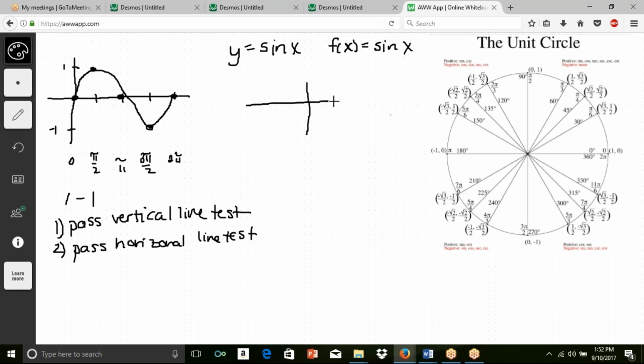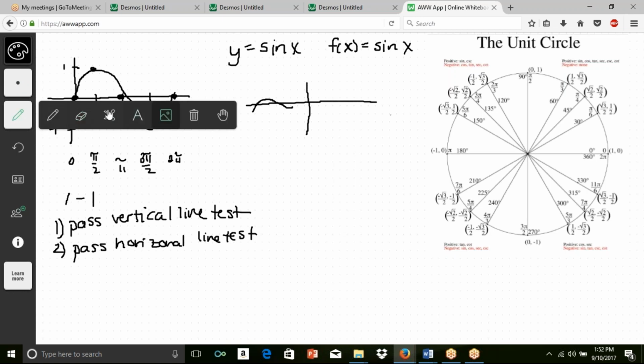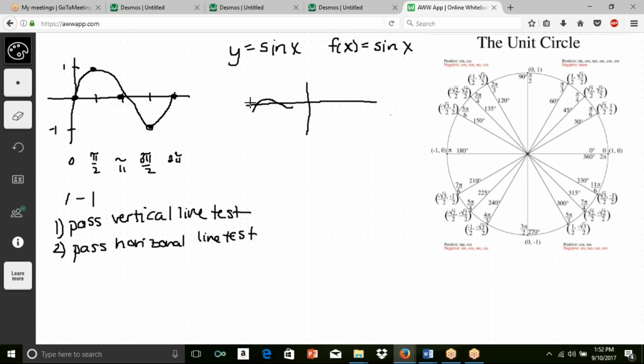So now, instead of this lovely up, down, my function goes like this.